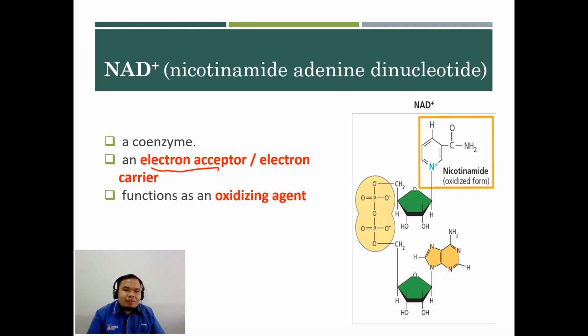This coenzyme is an electron acceptor or electron carrier, meaning that it helps to transfer electrons from the glucose molecule to the oxygen molecule. So it functions as an oxidizing agent. As you can see in this diagram, this is the structure of NAD plus, which helps in the transfer of electrons.